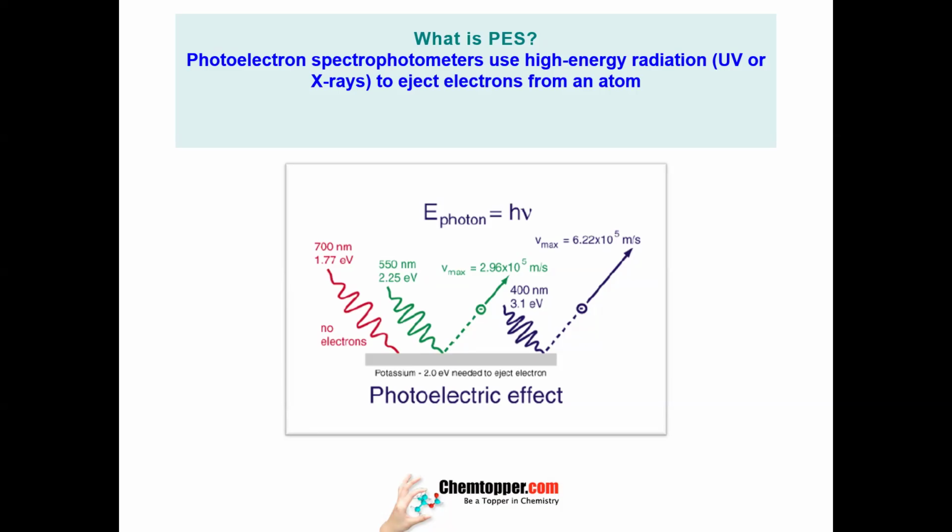Some configurations are totally inert, like noble gases, because they are fully filled shells, right? Now, for these electron configurations, we have experimental proof. We have experimental proof that this is how electrons are present around the nucleus. And for that, we are going to use photoelectron spectroscopy.